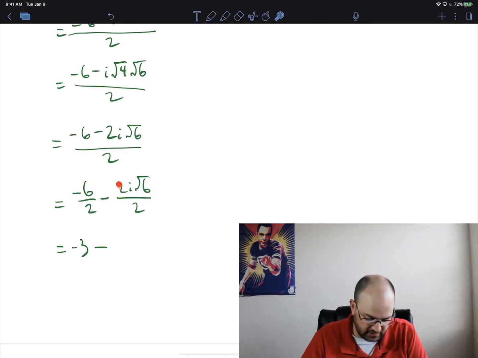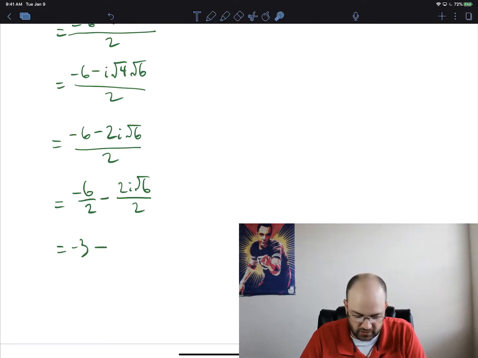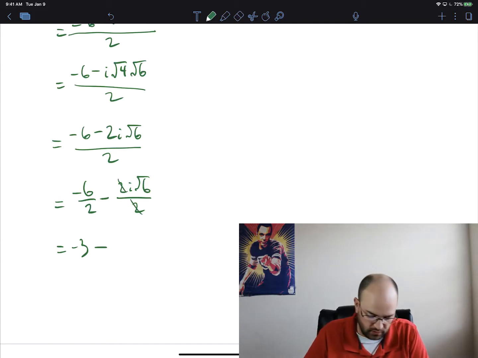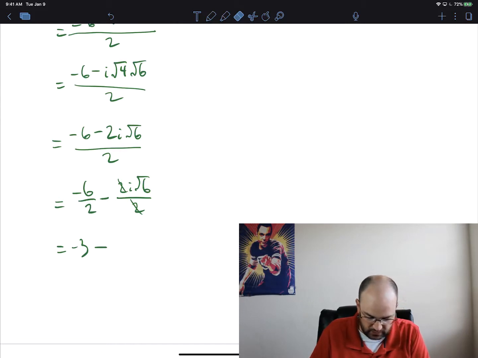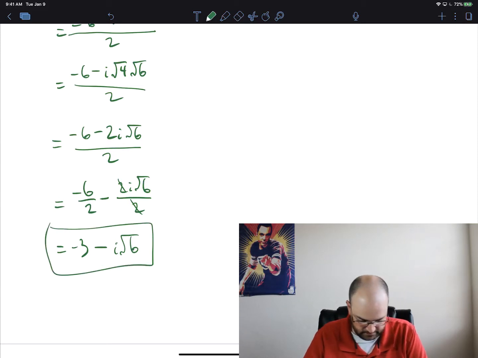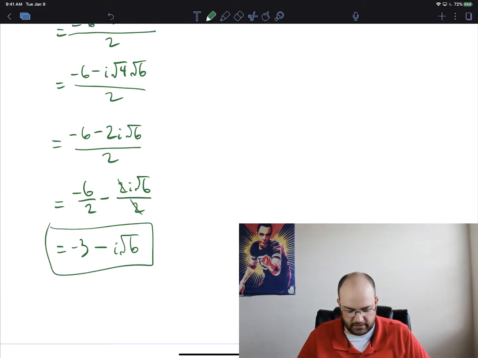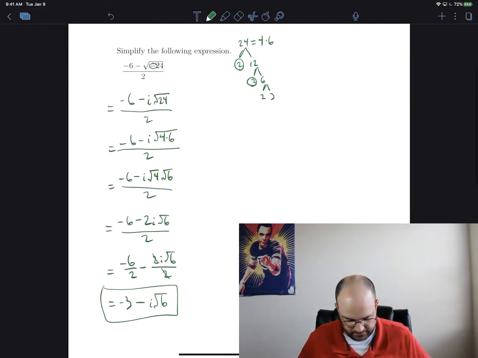So this 2 and this 2 can affect each other, so 2 divided by 2 is 1, and we have no more fractions here. So it's going to leave us with i square root of 6. And there you go. That is your answer. That is your simplified form of the expression.